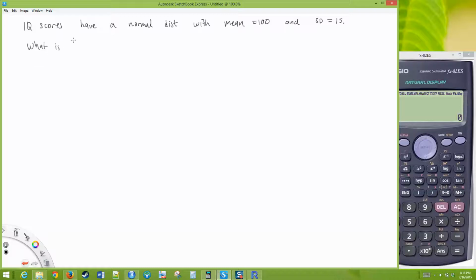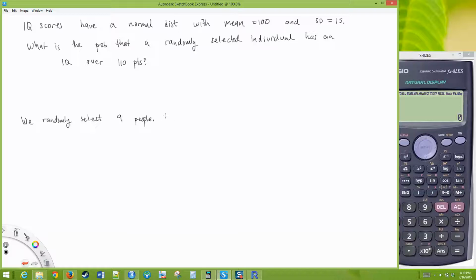what is the probability that a randomly selected individual has an IQ over 110 points? Okay. And then question 2 is, we randomly select 9 people.